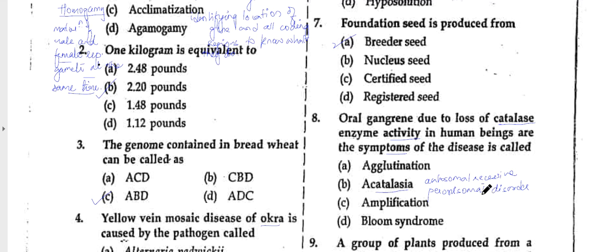It is an autosomal recessive peroxisomal disorder where there is a loss of catalase, as a result of which H2O2 builds up in the system, and this H2O2 leads to damage of the cells. This is a very harmful disease.